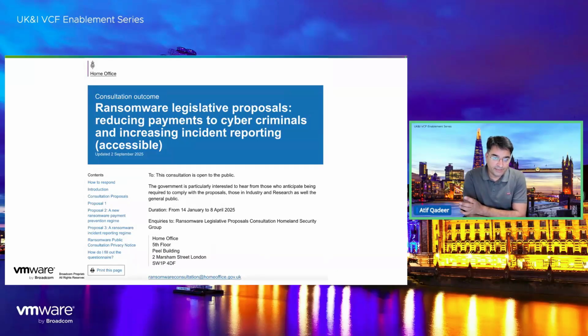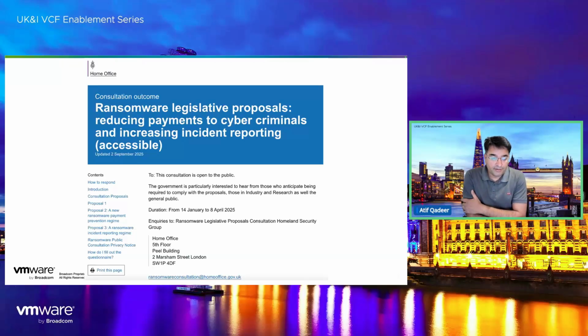What that means is that if this becomes a law, and this is still work in progress, no UK organization will be allowed to be hacked or breached. And if you're hacked, breached or compromised, you're not going to pay the bad guy. You would always revert to your backups from a business continuity and disaster recovery perspective, and not pay the bad guy in terms of crypto or ransomware money.